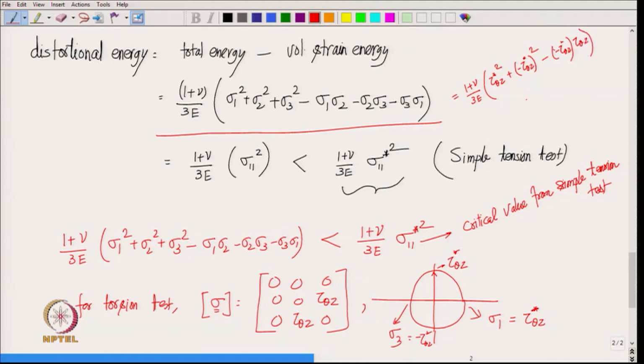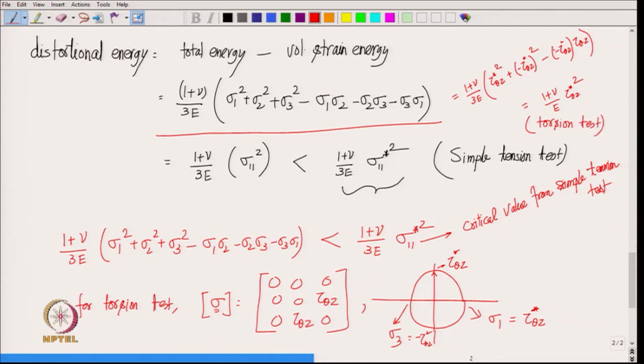Right. So, as a whole, this is (1 plus nu) divided by E into tau theta z star square. So, we can write here, this is for torsion test.